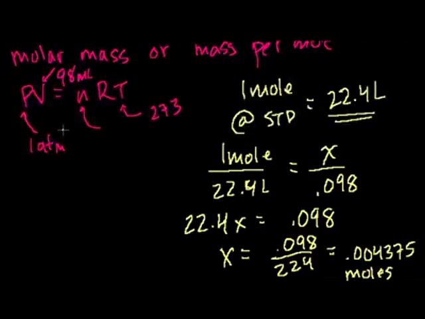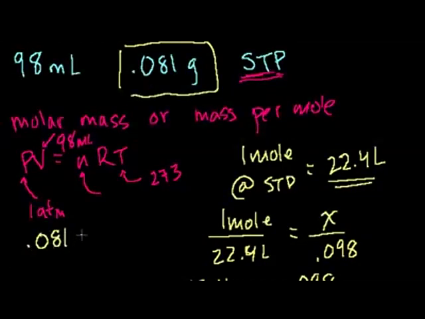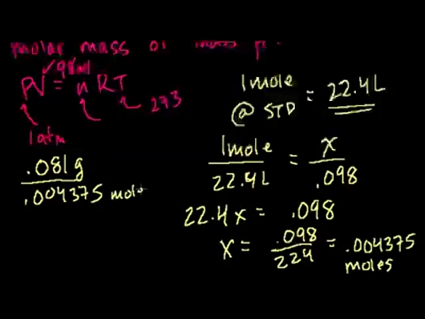And they're telling us that this amount has a mass of 0.081 grams, right? So how many grams are there per mole? So we take 0.081 grams, and we just did the math to figure out that we're dealing with 0.004375 moles.